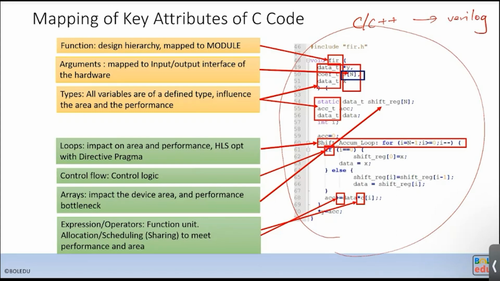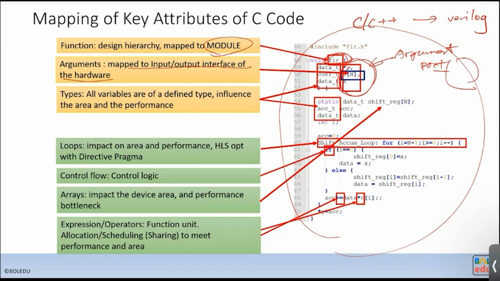A standard and straightforward translation will look like this. First, the C++ function maps to a Verilog module. It's quite obvious. And then the arguments will map to the module's ports, input-output ports.